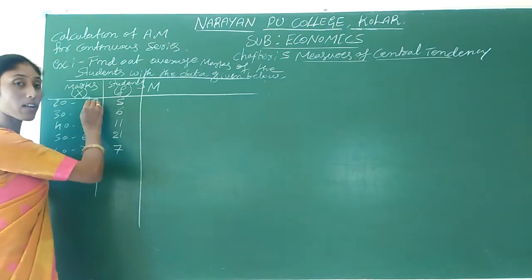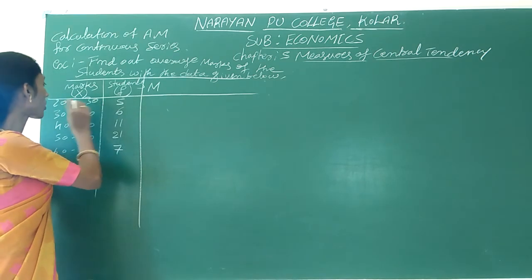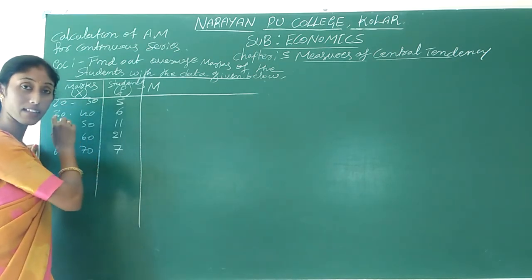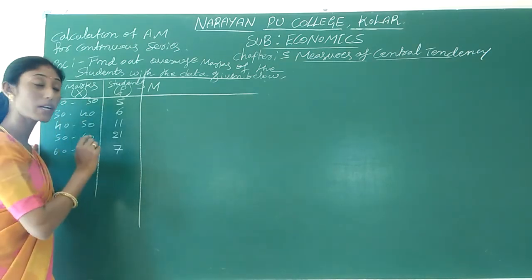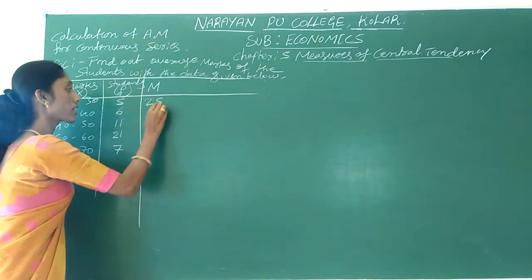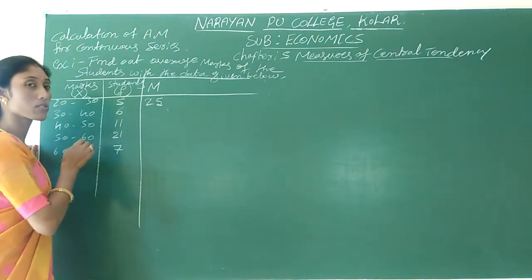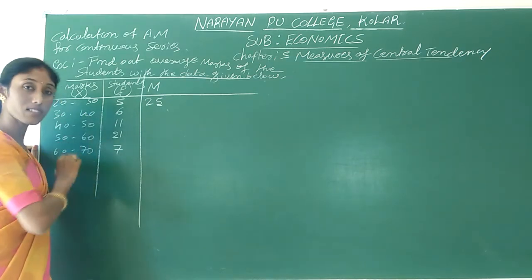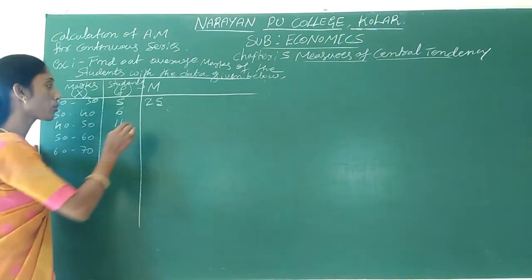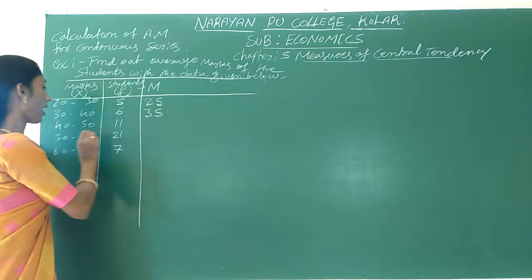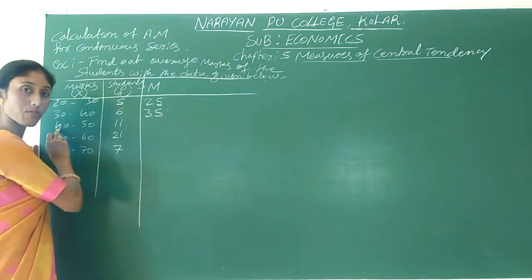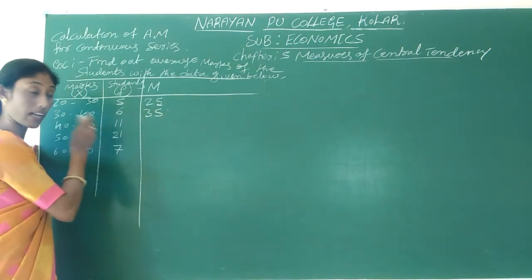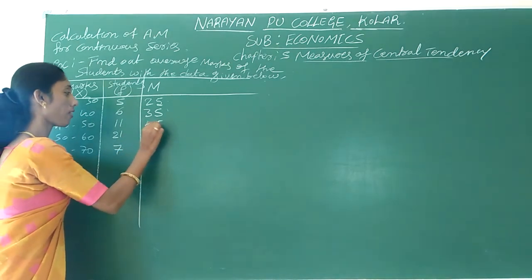Here, the upper class limit is 30 and the lower class limit is 20. Adding these, we get 50, divided by 2 gives 25. The same procedure is applied to each class. 40 plus 30 is 70, divided by 2 is 35. 50 plus 40 is 90, divided by 2 is 45.